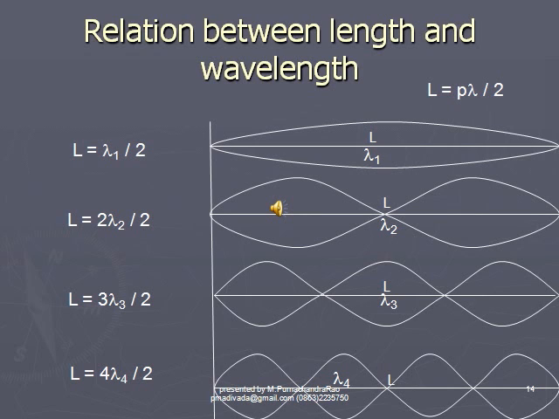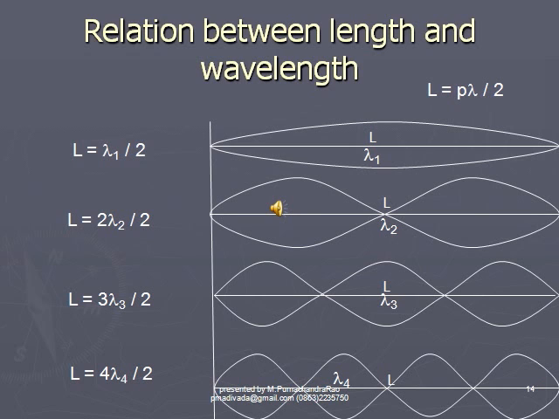If the same wire is vibrated in three loops and the wavelength is lambda 3, then the length of the wire will be equal to 3 times lambda 3 by 2.